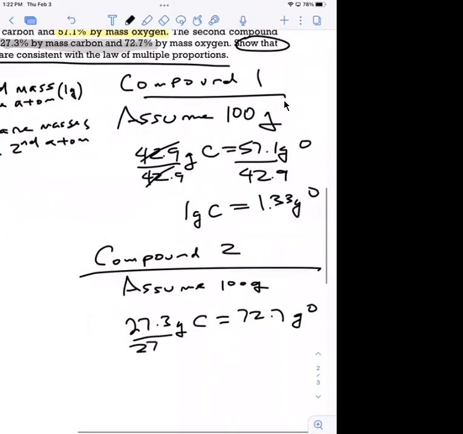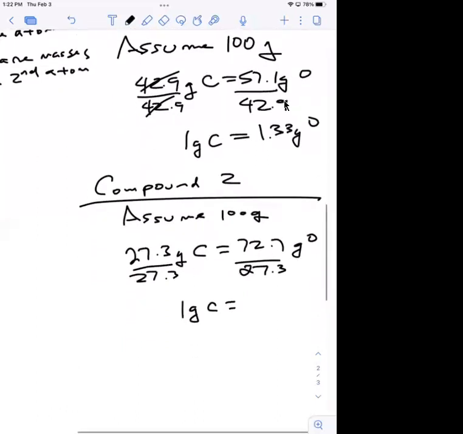So let's make carbon our fixed mass. What do we have? Should be 2 point something. 2.66. 2.66, good.